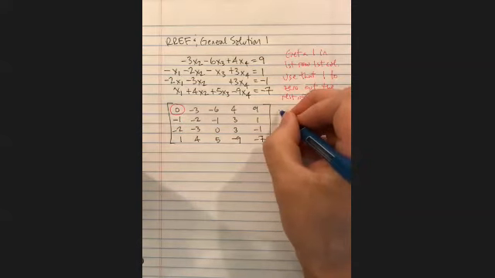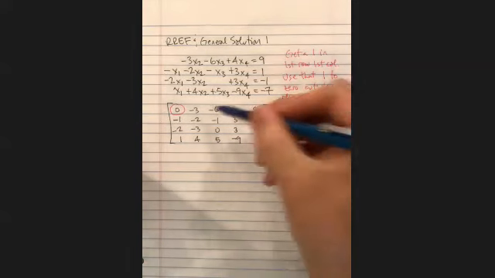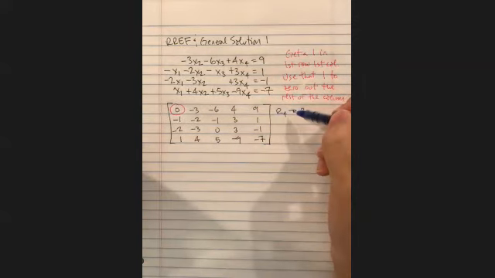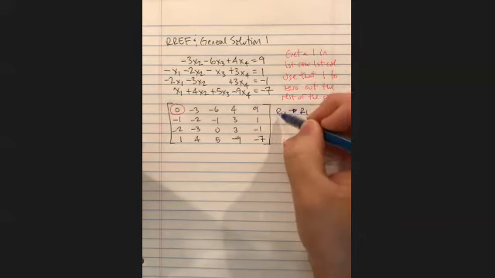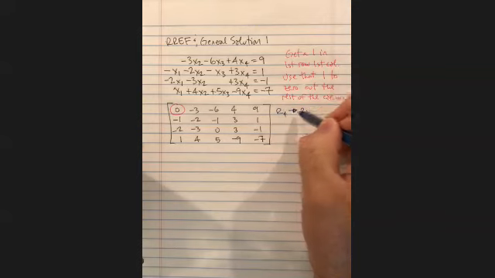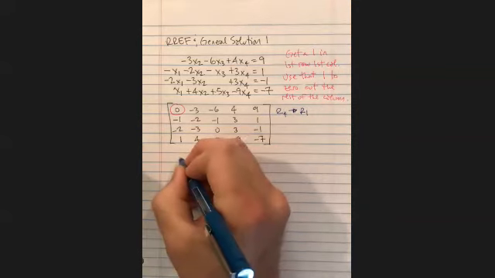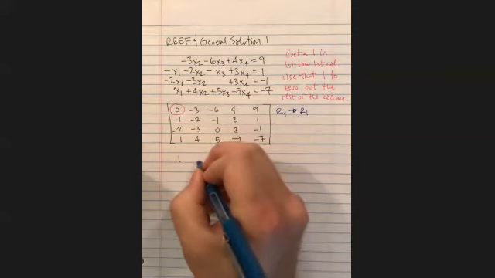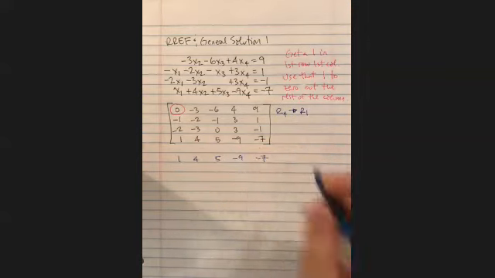I'm going to take row 4 and move it to row 1. So my notation for that is, on the right next to row 1, I'm going to write R4 arrow R1. So that says take R4, row 4, and move it to row 1. Interchange the 2 rows. So my first row is now going to be my last row: 1, 4, 5, -9, -7.